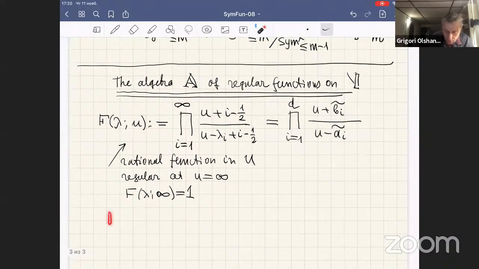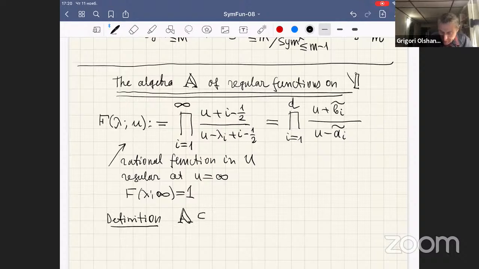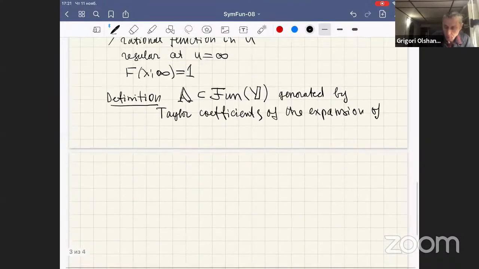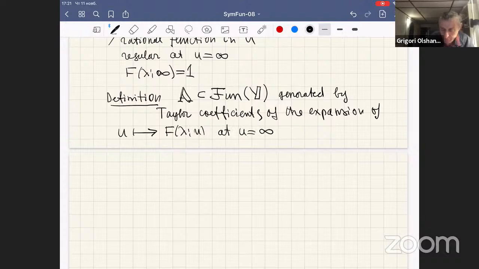The algebra A is a subalgebra in the algebra of functions, which is generated by Taylor coefficients of the expansion of our function at infinity.